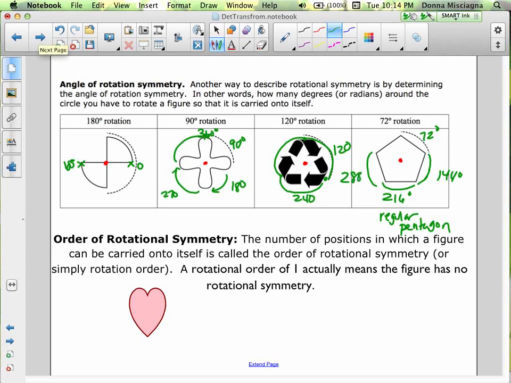And then we add one last 72 degrees, and that's going to take us back to 360. So how could we find how many degrees it takes the first time to map onto itself? If you just take 360, because it's a regular polygon, and divide by 5, that's where the 72 degrees comes from. And then you can see that in our figure there.